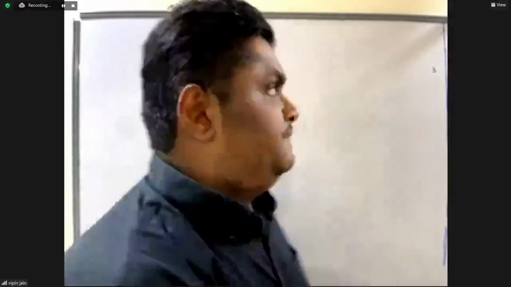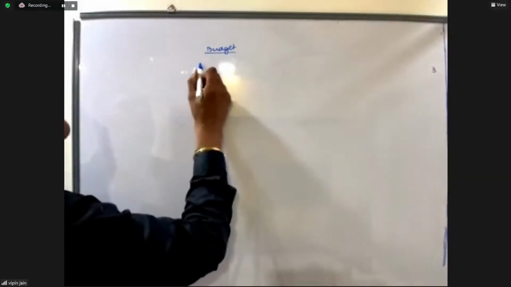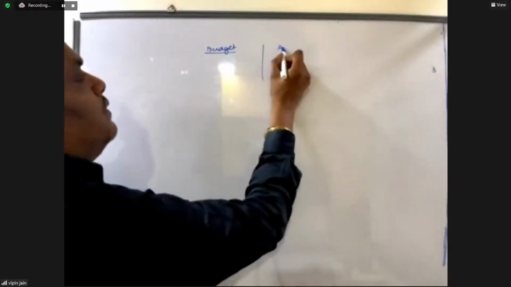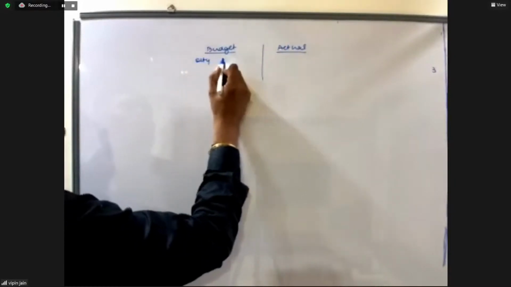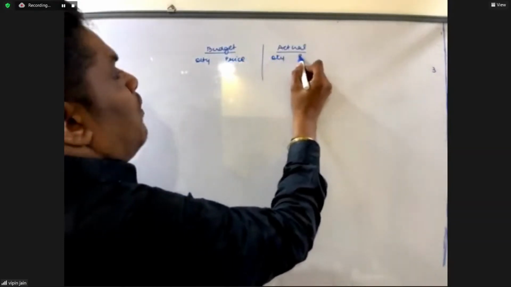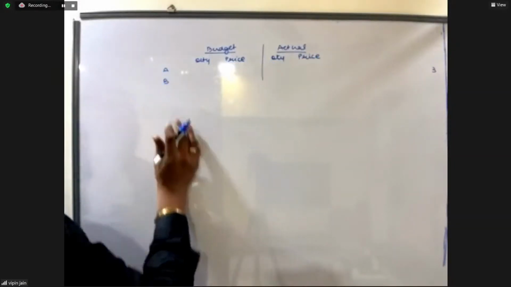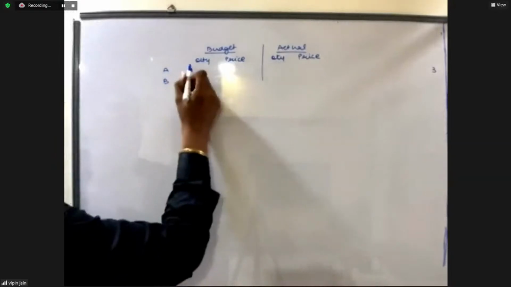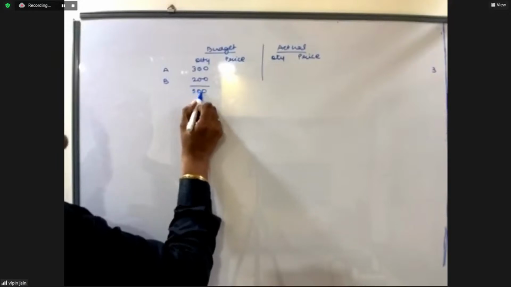Okay, guys, now a question for you. I want you guys to solve the question. So herein, when talking about the budgeted data, we are using two types of raw material, A and B. 300 units of A, 200 units of B. The total input is 500 units.